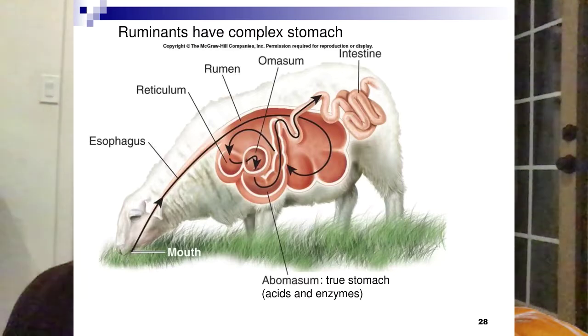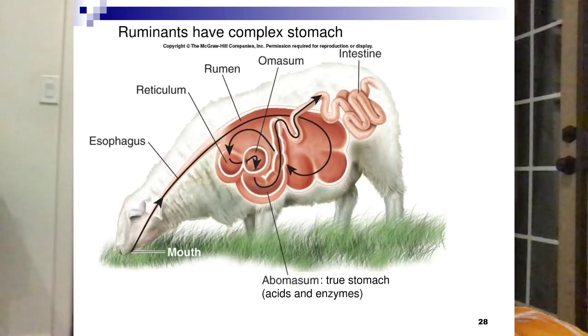And when they do that, we call the food the cud, C-U-D, cud. And so we say they're chewing their cud, and then they swallow it back down, and they'll keep doing that back and forth. And then eventually it'll get down into the abomasum, which is the true stomach.